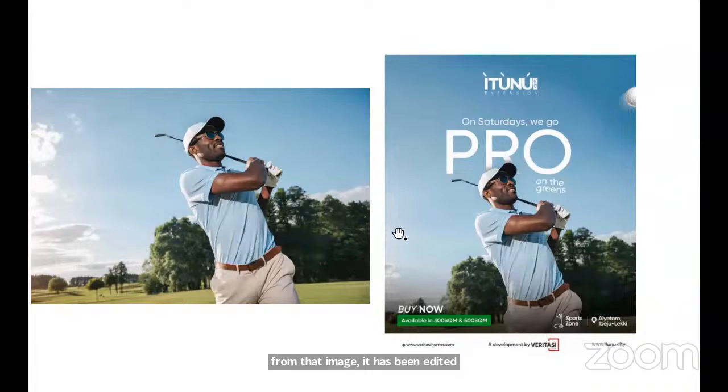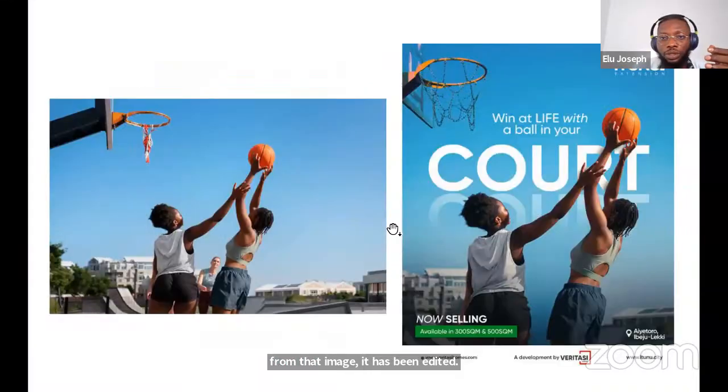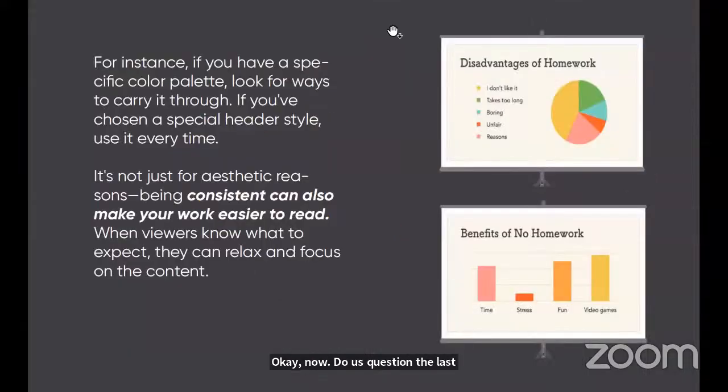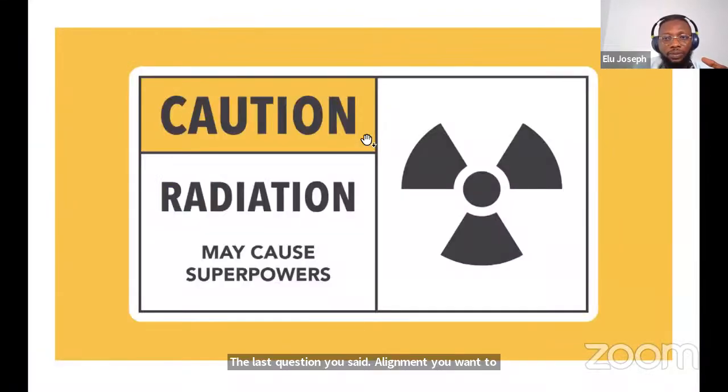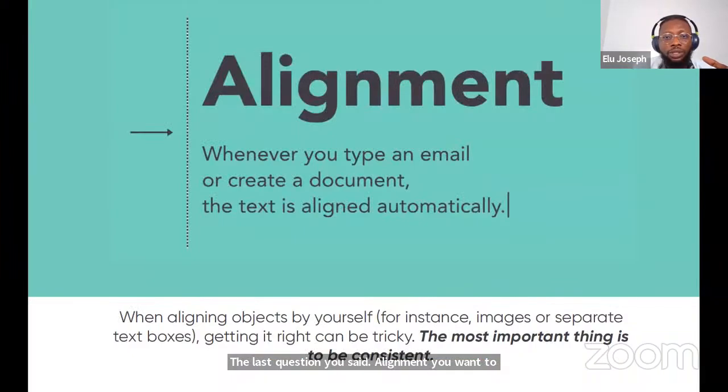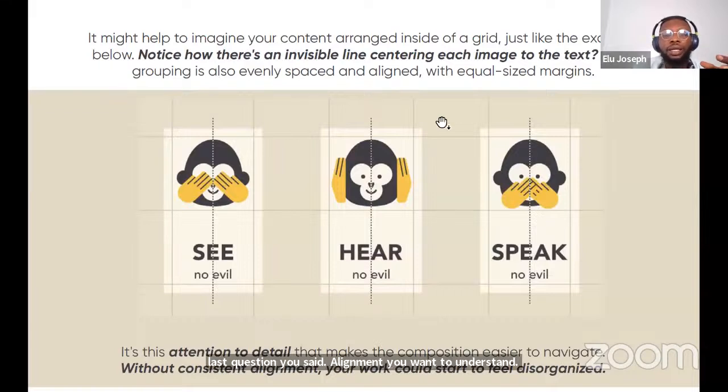Okay. Now, the last part of your question, you said alignment. You want to understand alignment. Now, I mentioned that alignment helps you to arrange your design.